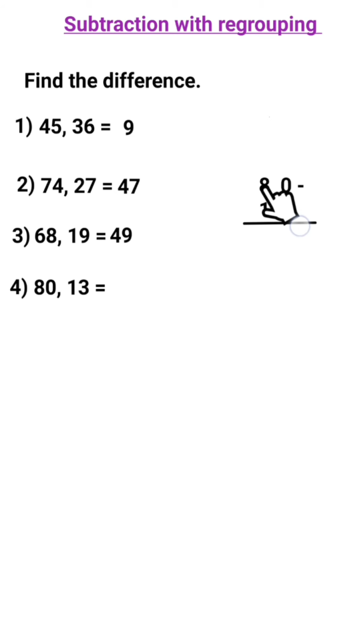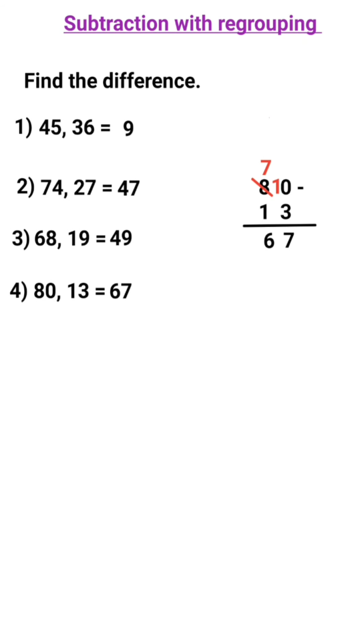When we borrow 1 ten, we can put that 1 before 0, or we can cut off the 0 and write 10 as a new number. Here I put the 1 before the 0. Now the number is 10. 10 minus 3 is 7, and 7 minus 1 is 6. The answer is 67.